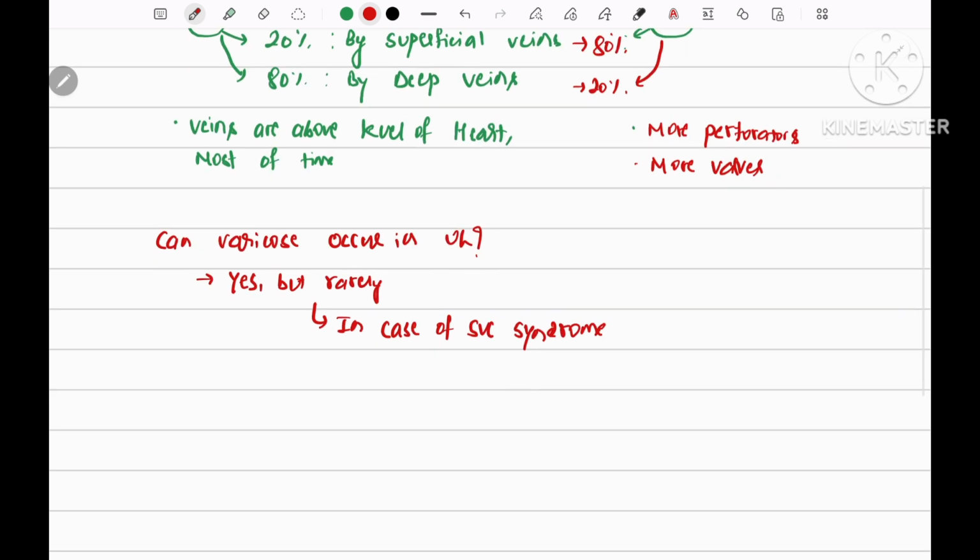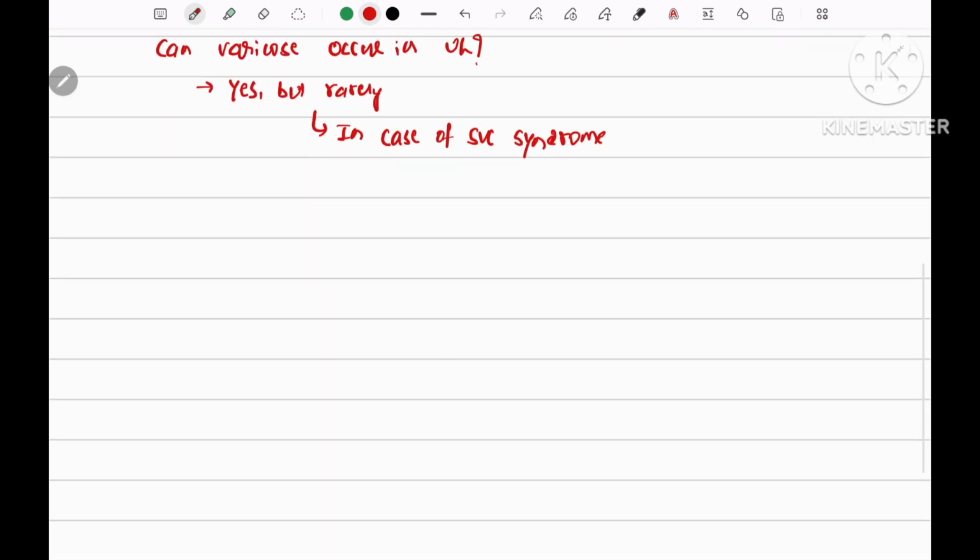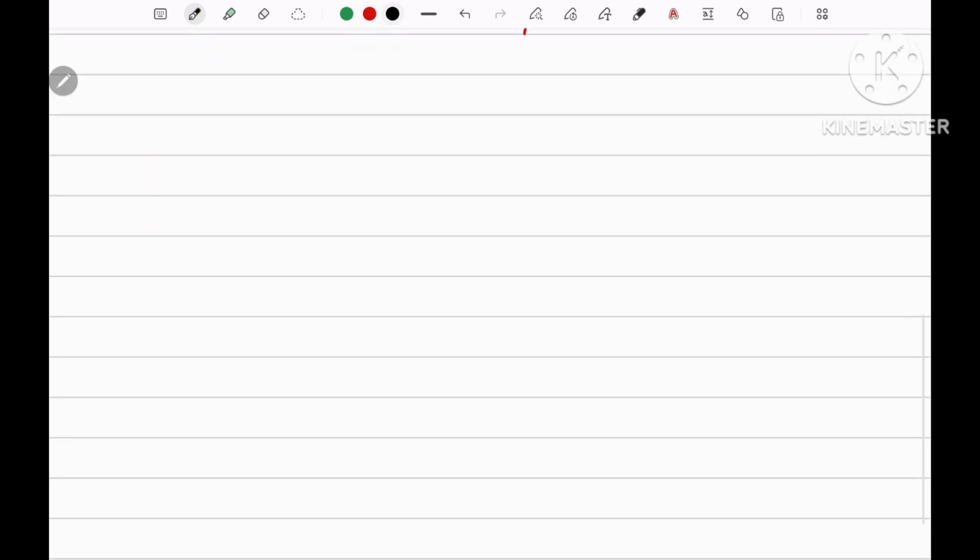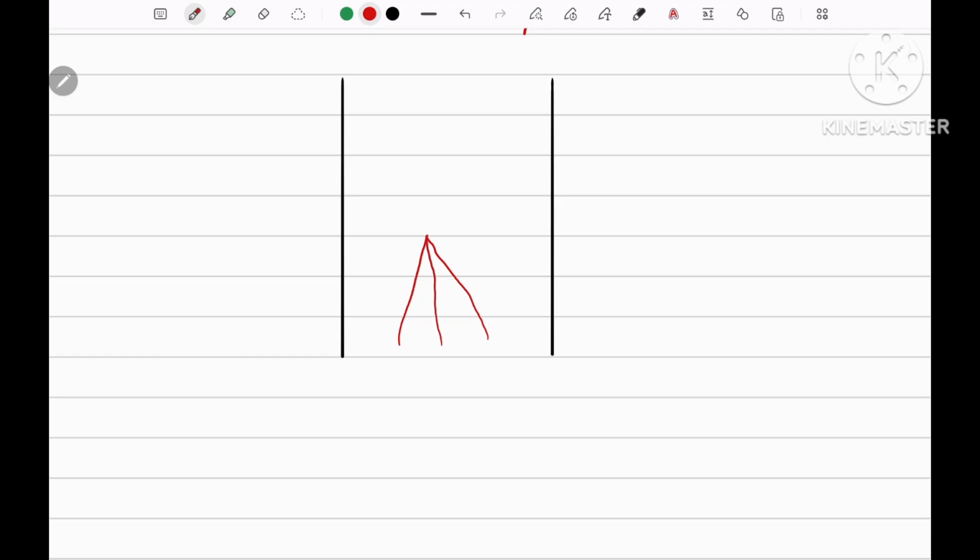Now let's talk about the drainage system in the lower limb. First, imagine this is the structure of the leg, and this is the deep vein. This is the anterior tibial, this is the posterior tibial, and this is the peroneal.